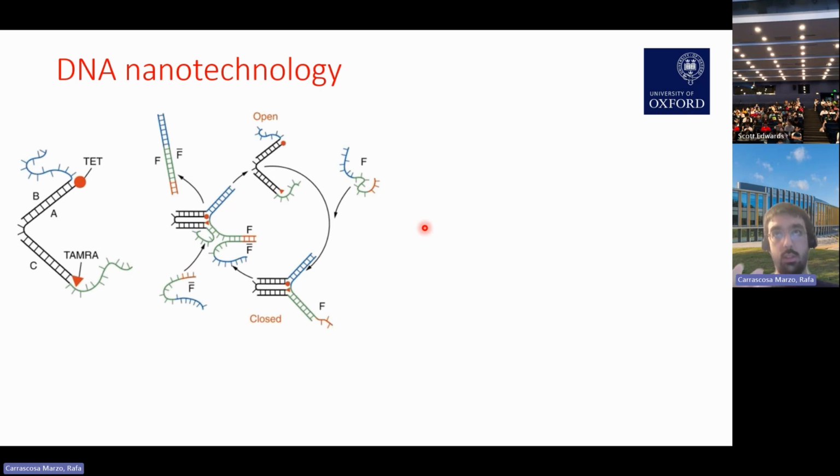Just so that you have an idea, a nucleotide in width, so one of these lines, is 0.34 nanometers. So in a millimeter, you have 10 to the power of 9 nanometers.